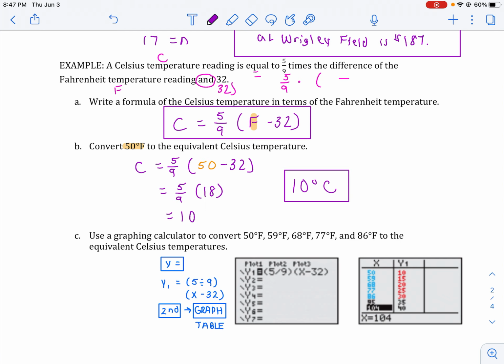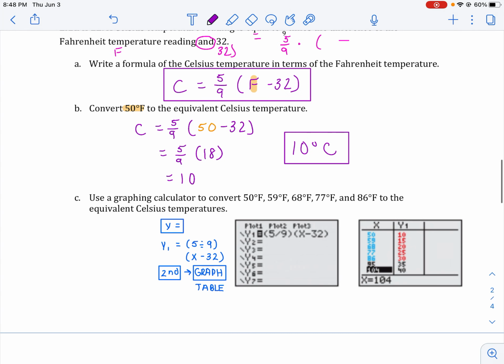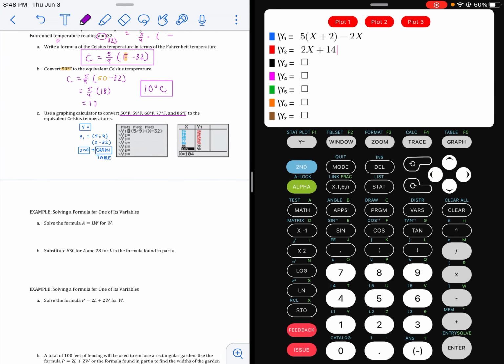If you have a formula written, it actually makes it a lot easier to use your graphing calculator to do some of your evaluating, especially when they ask for a lot of information. So it says use a graphing calculator to convert 50 degrees, 59, 68, 77, and 86. We want to convert all of them, which we could do like we did in part B for each of those. But let me show you how you can use a calculator. So what we're going to do is we're going to go to Y equals on our calculator.